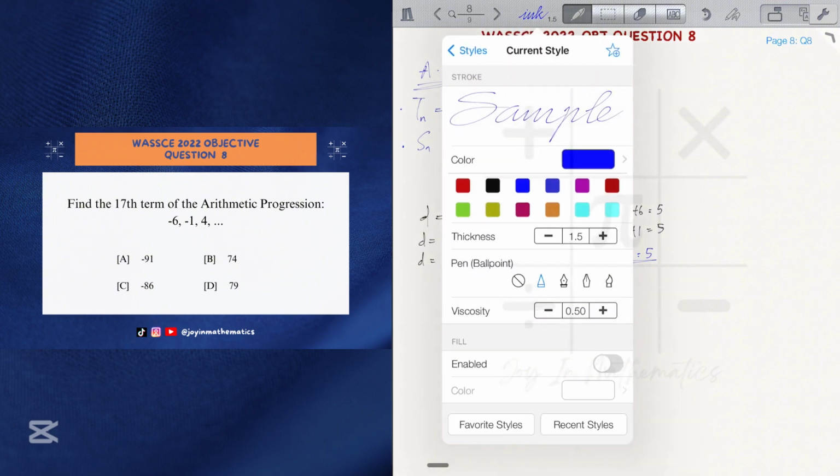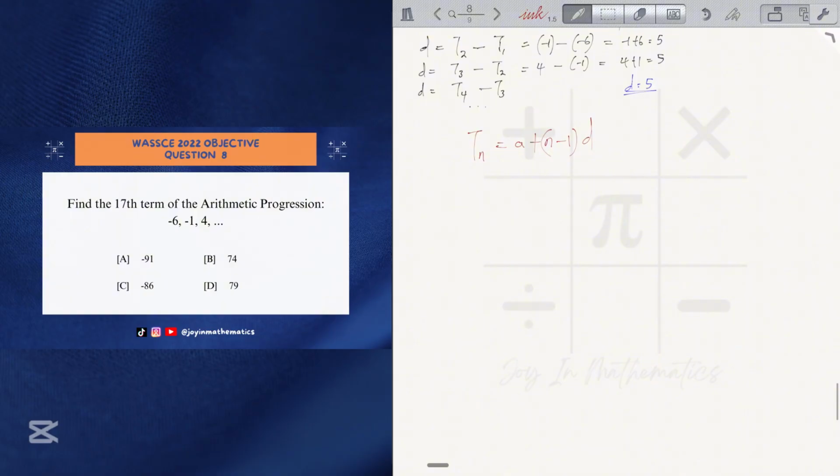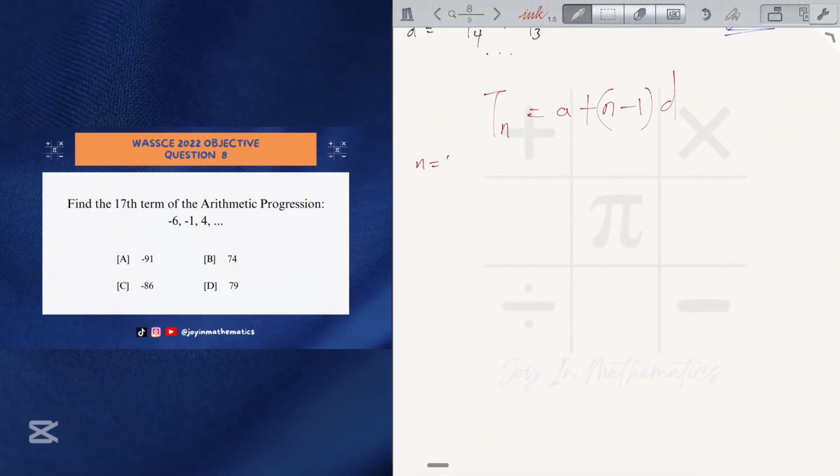Now the question says find the 17th term. That means we are going to be applying this formula. So let's rewrite it. Tn is equal to A plus (n minus 1)d. The 17th term means n is equal to 17. So that means we have T17. Wherever we see n, we substitute 17.